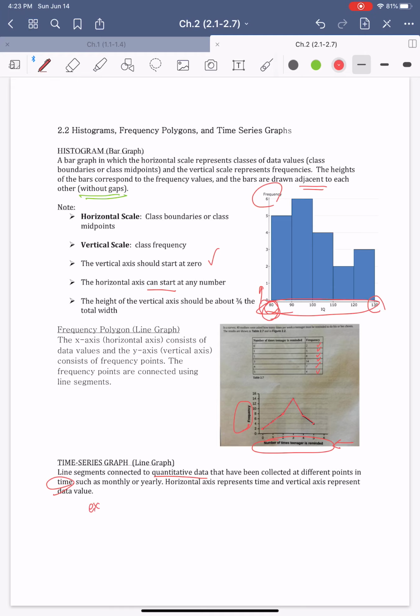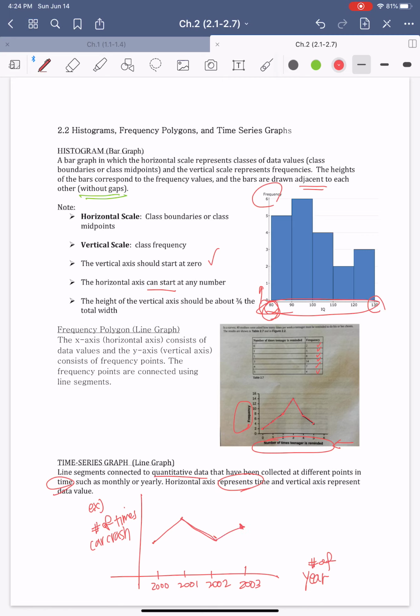Okay, so for example, let's say the number of car crashes over the years. So this horizontal scale represents the time. That's the only difference. So 2000, 2001, 2002, 2003. Then I'm just making up some data values. Then you just connect the dots. Okay.